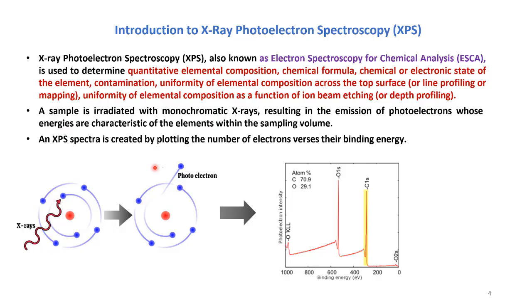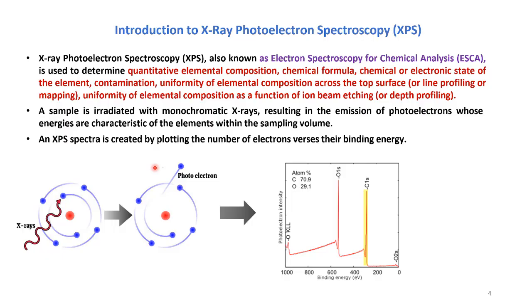However, in the XPS, we can quantify the elemental composition, and also the chemical formula and chemical or electronic state of the element, contamination or uniformity of elemental composition, etc. from the top surface. So ESCA, that is XPS, is basically done to characterize the top surface of the sample, but in some cases, using ion beam etching, it can also be used to get depth profiling. But normally we get the top surface information.